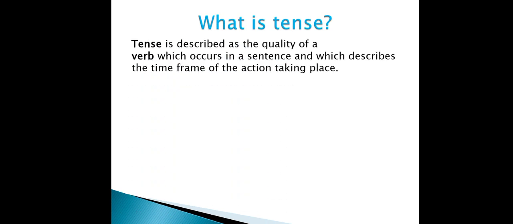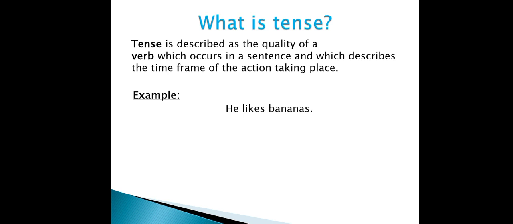What is tense? Tense is described as the quality of a verb that is present in a sentence, and by the help of the verb, we can describe the time frame of the action taking place. For example, he likes banana. What is the verb in the sentence? Likes.